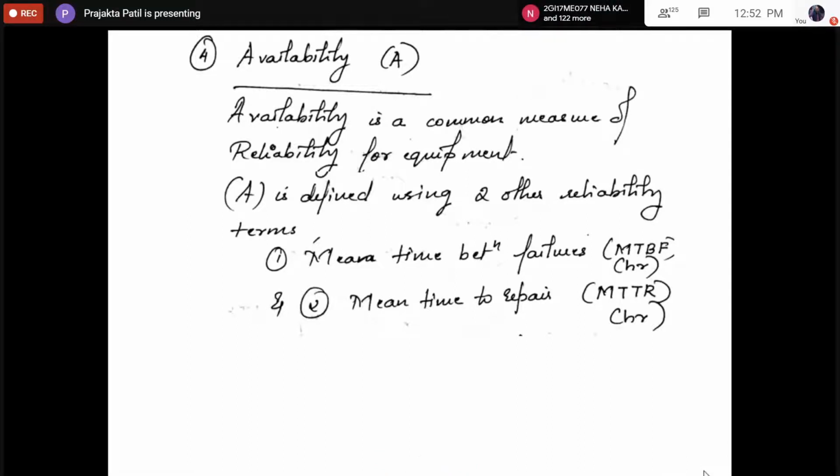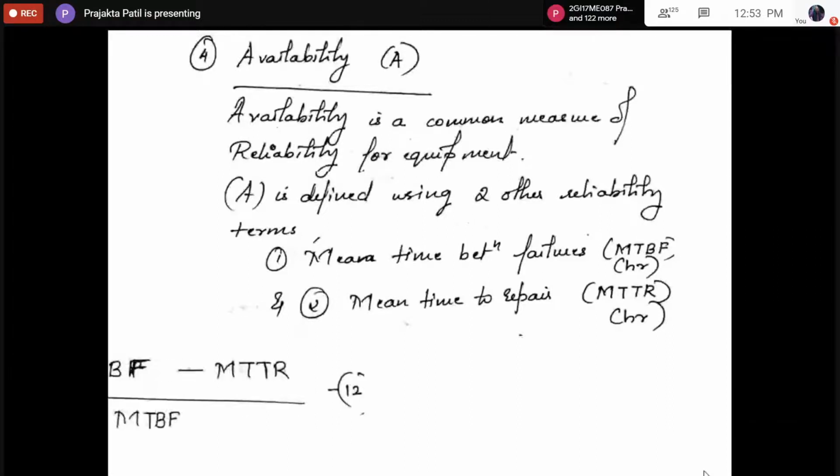It is basically defined using two reliability terms. One is mean time between failures and the other is mean time to repair. Mean time between failures we call MTBF, and mean time to repair is MTTR. Both have the unit of hours.